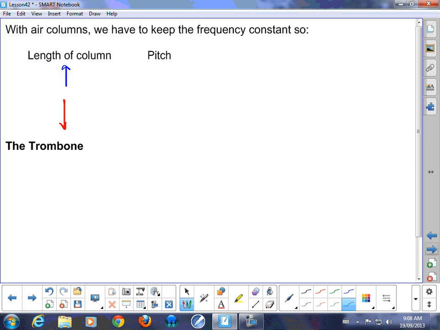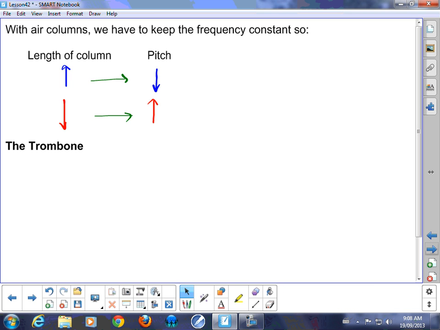If you increase the length of the air column, then you are decreasing your pitch, as we talked about already on the previous slide. If you shorten the length of your instrument, you are increasing your pitch. So there is your relationship between the two.